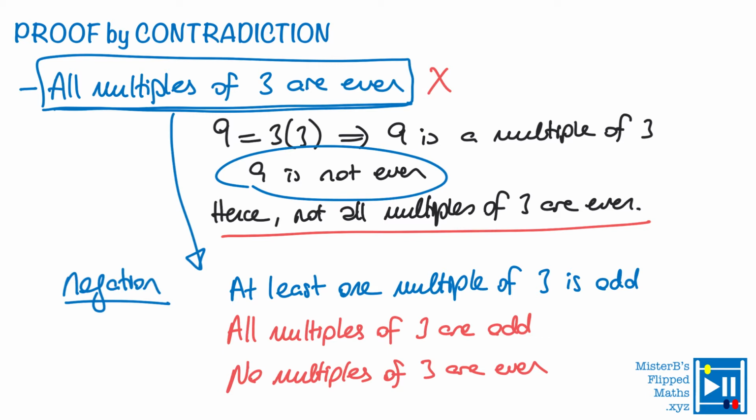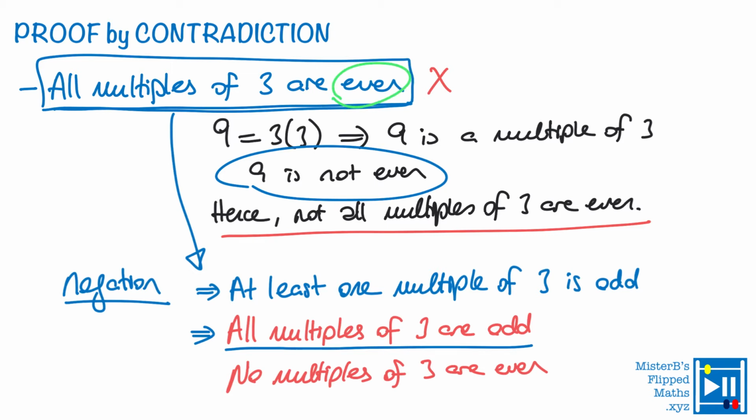That is the contradiction. This is slightly too strong to be a negation because oddness is another state of being for numbers. So I'm not at the moment interested in multiples of 3, all of them being odd or not. I'm just interested in whether all the multiples of 3 are even or not.